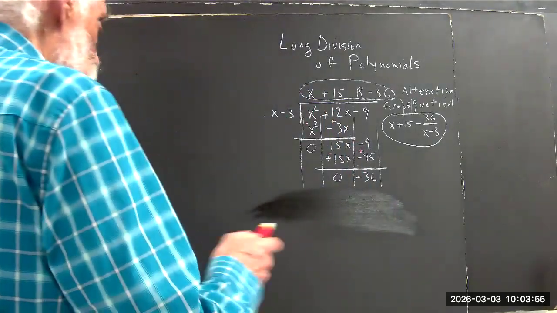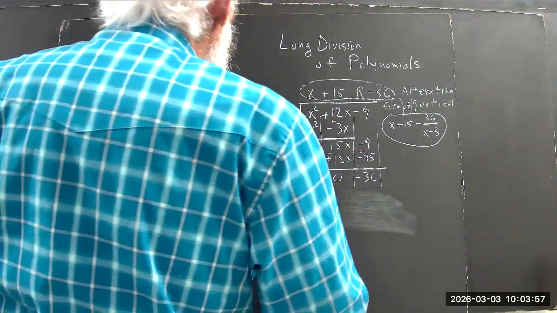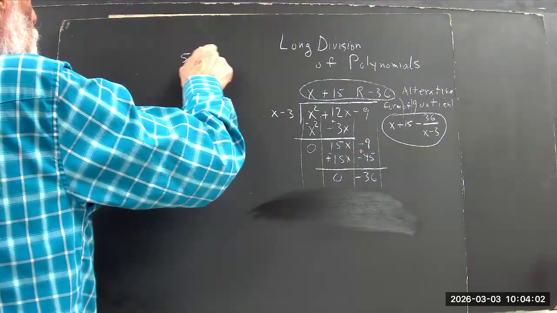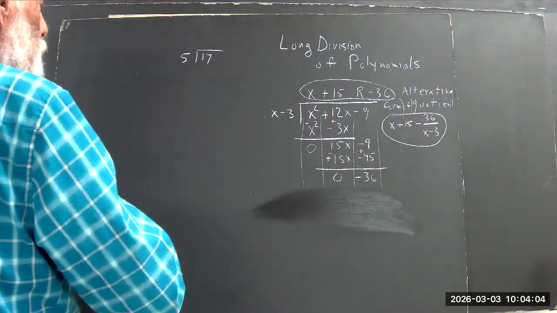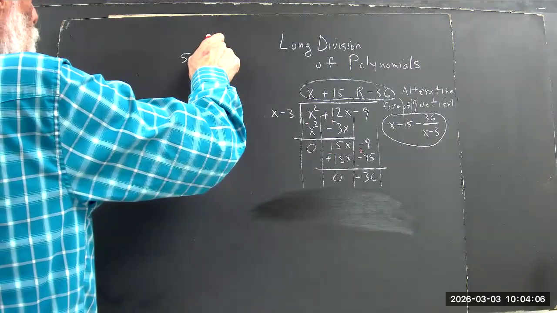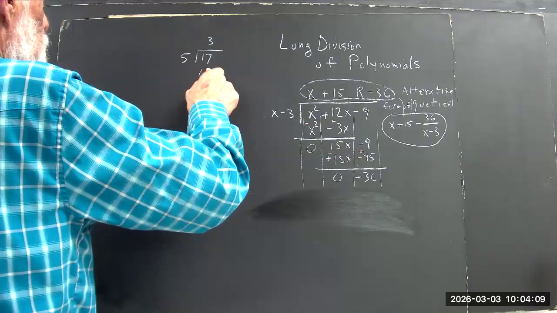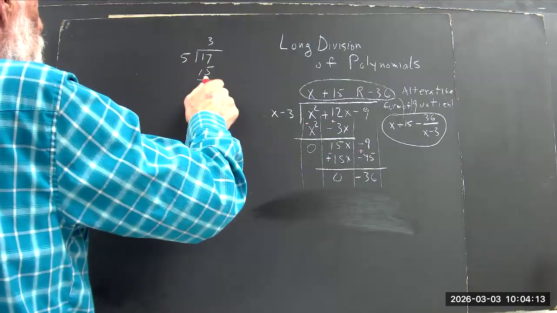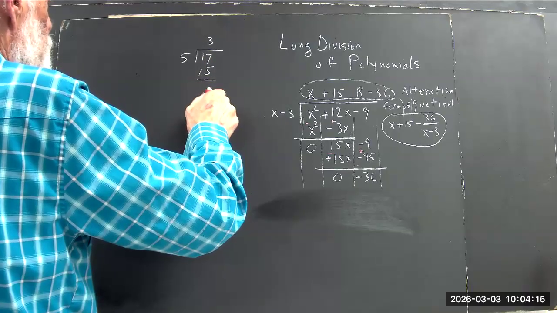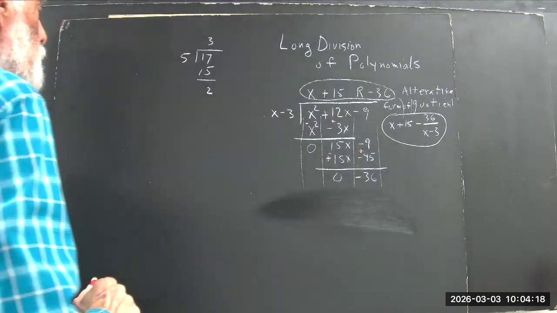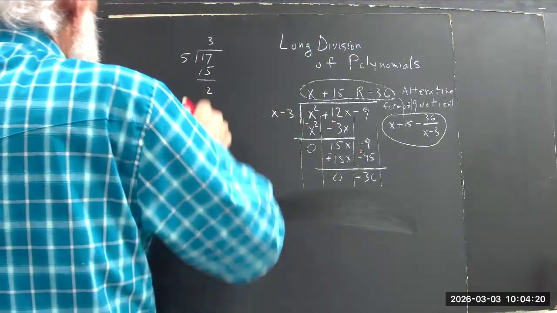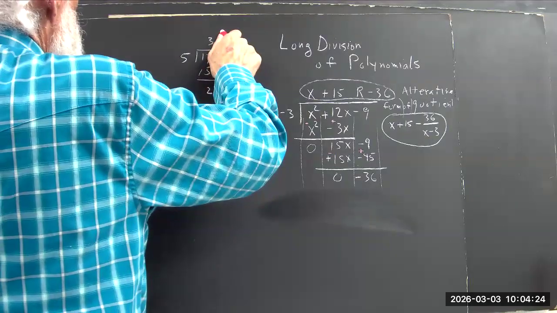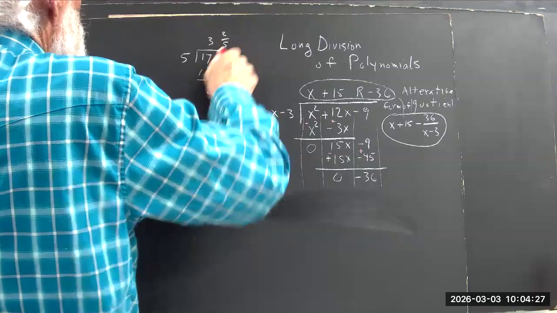For example, just to make this very clear, if I've got 5 divided into 17, well, 5 is going to go into 17 3 times. 3 times 5 is 15. We write that under the 17 and subtract the 15, and we get 2. So the 2 is going to be divided by 5, and we're going to get 3 2/5.